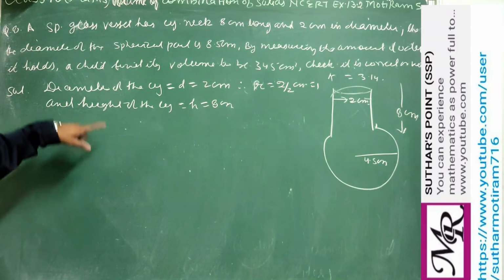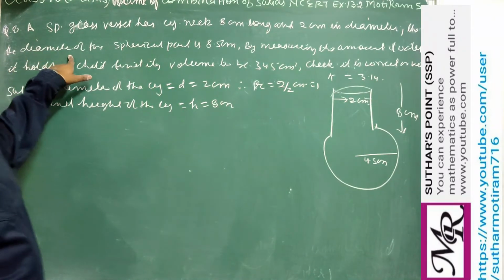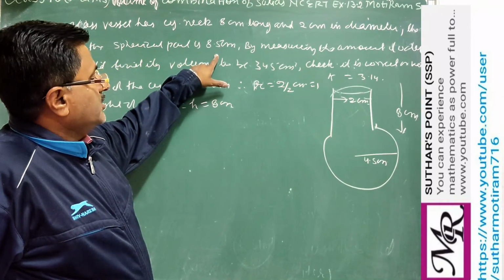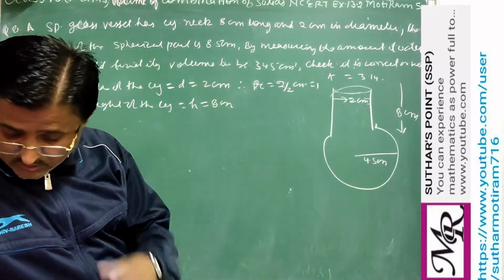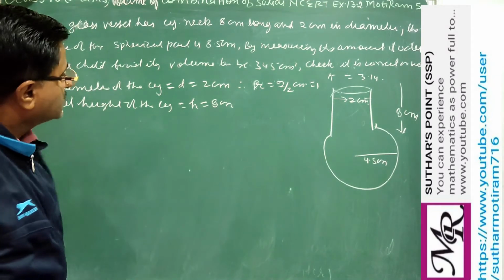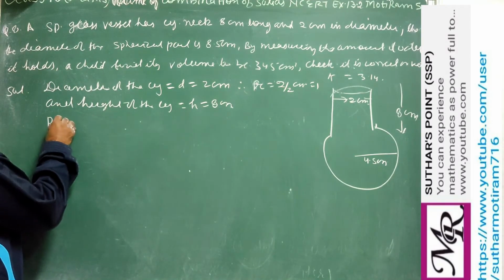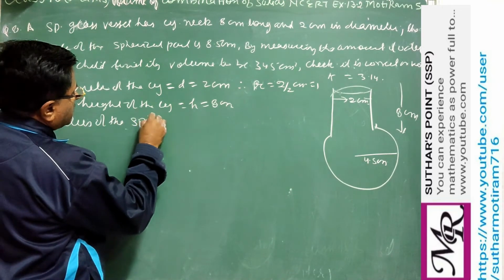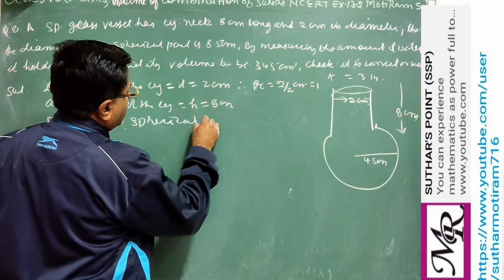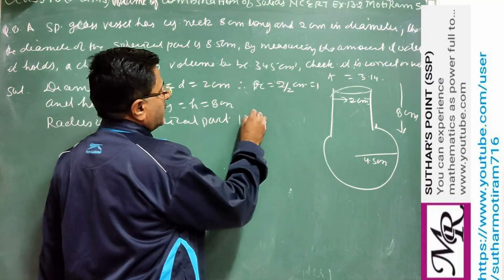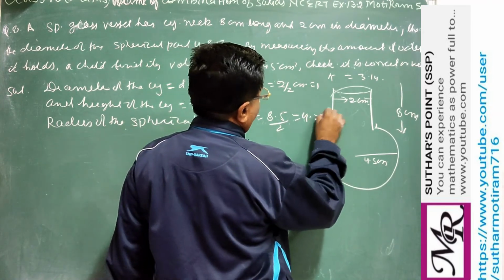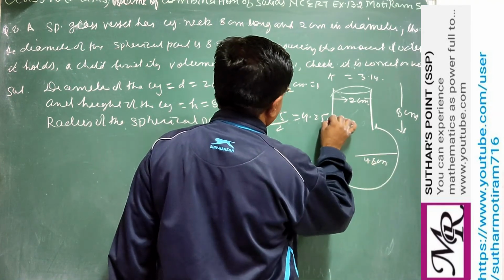Also, the diameter of the spherical part is given as 8.5 centimeter. Clear? So we can say the radius of the spherical part, capital R, will be 8.5 by 2, that is 4.25 centimeter.